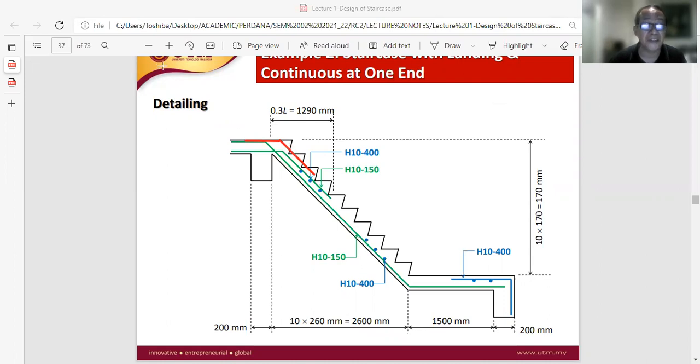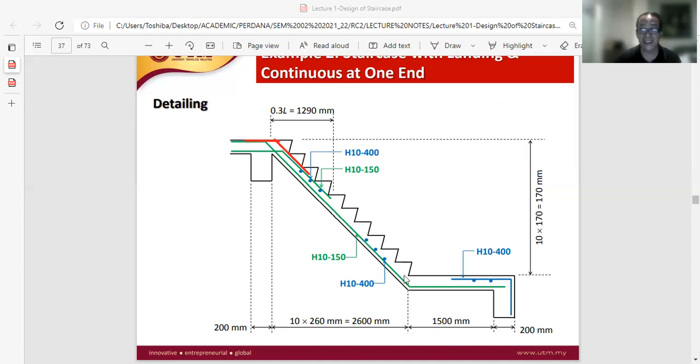This is a continuous support, so there is top reinforcement. Lebih kurang macam itulah. So we need to have, yeah. So this will represent the top reinforcement. We need to add this additional reinforcement.